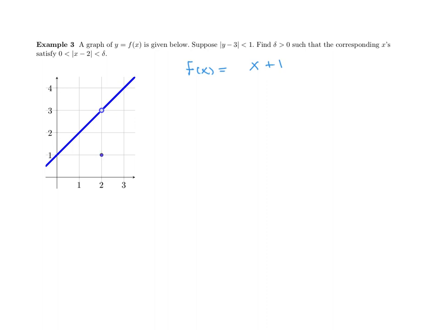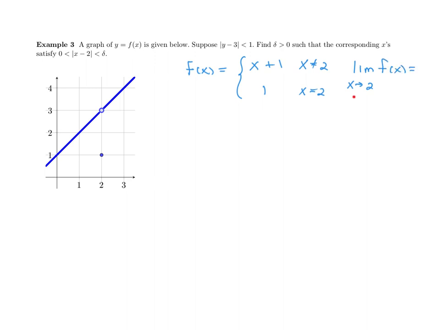You can express this as a piecewise function: it's x plus 1 as long as you don't use 2, but if you do use 2, I'm defining it to be 1.